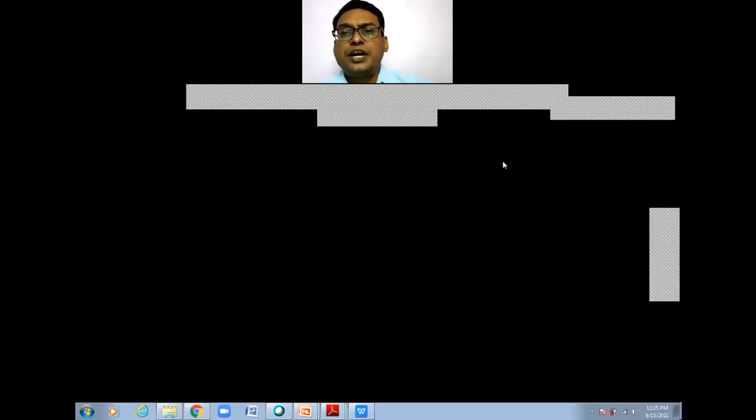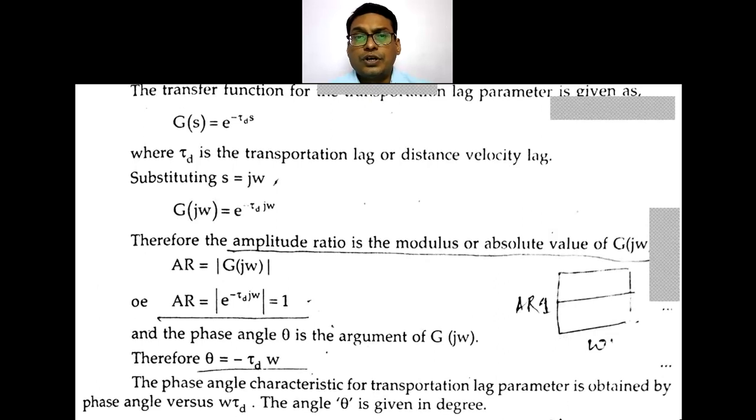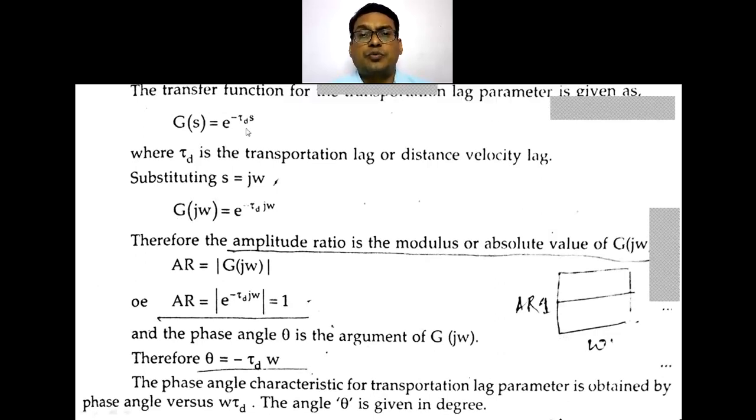Now next is the transportation lag. In this transportation lag, yt is equal to x of t minus tau d. So the transfer function is G(s) equal to e raised to minus tau d s.